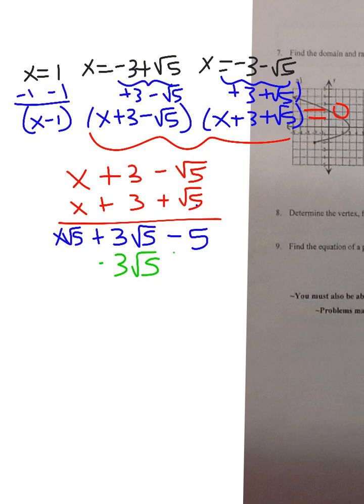So that's positive 9. Then 3 times x is going to be 3x, and that I'll put over here. Then I'm going to multiply x times negative the square root of 5, which is going to be negative x square root of 5. Then x times 3 is 3x.